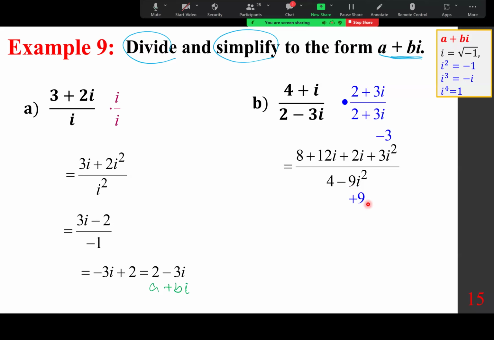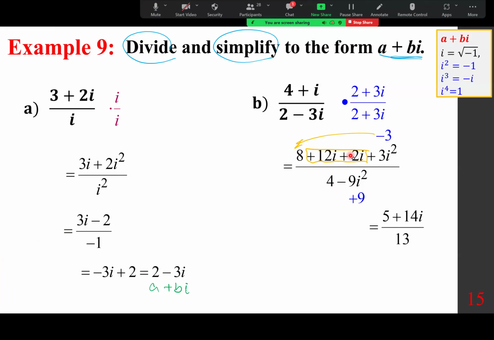And so these two add up to 13. These two add up to 5. And these two add up to 14i.